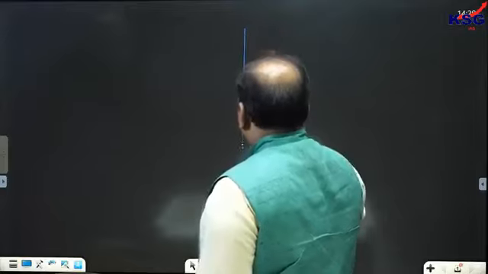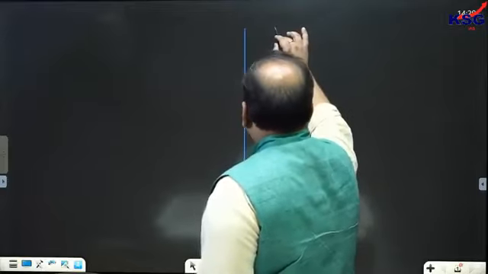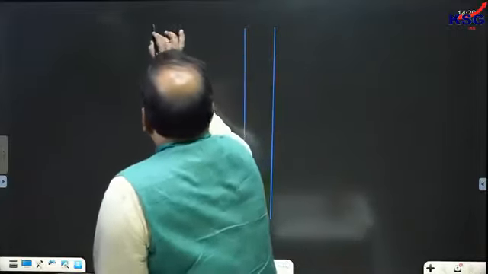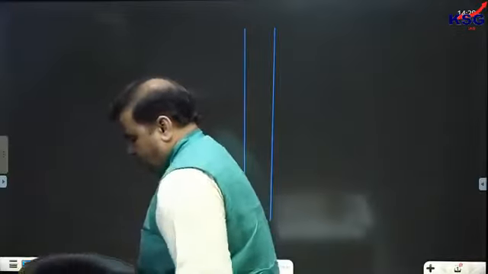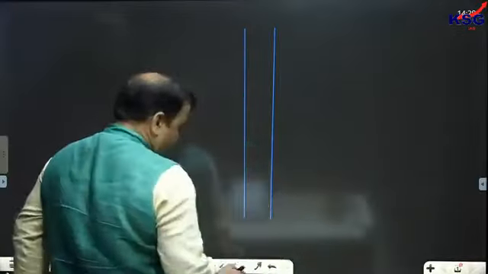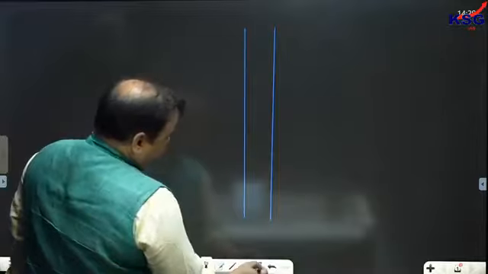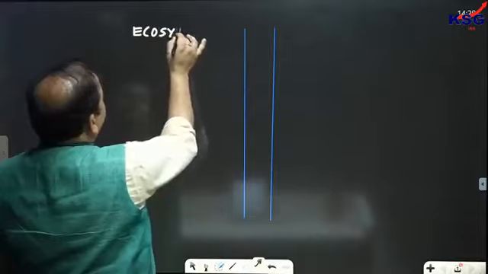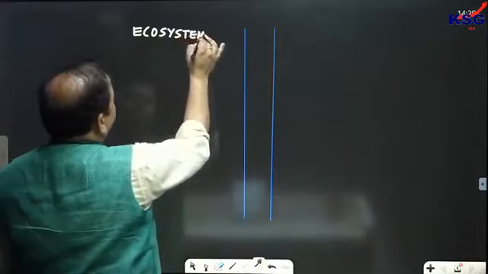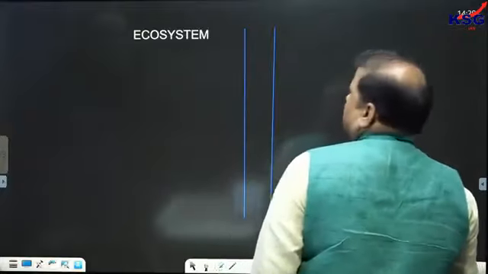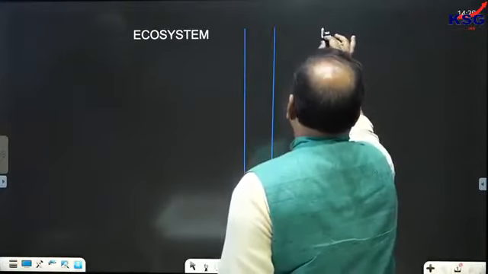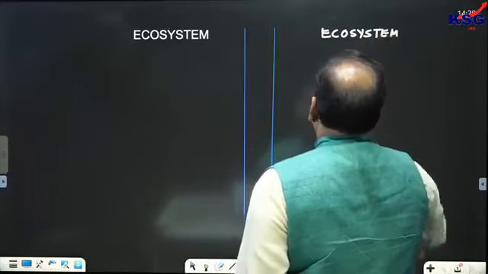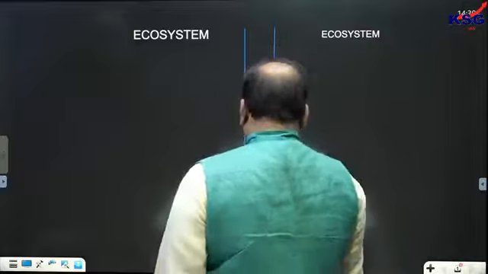Suppose on one side we have one ecosystem, and on the other side we are having another ecosystem.